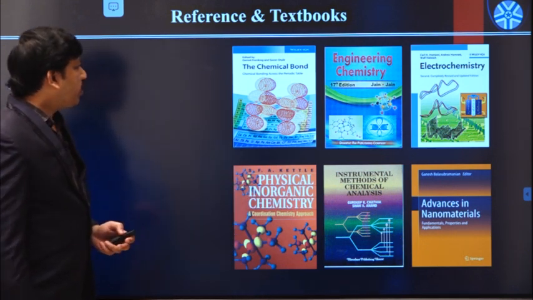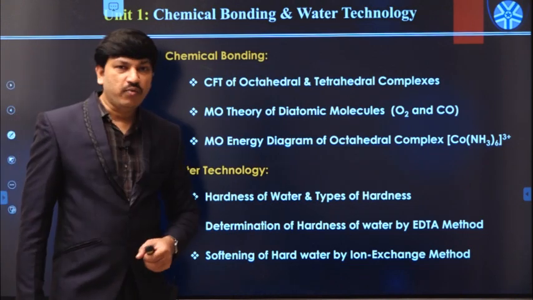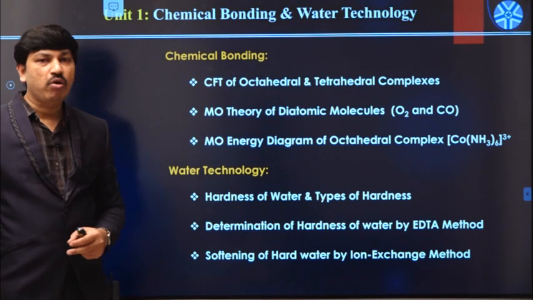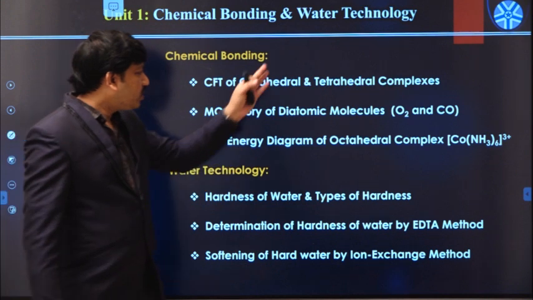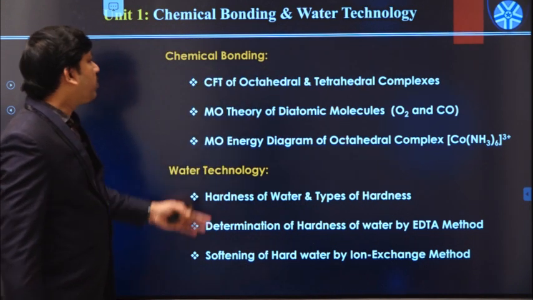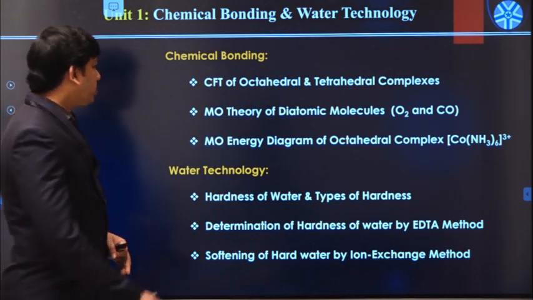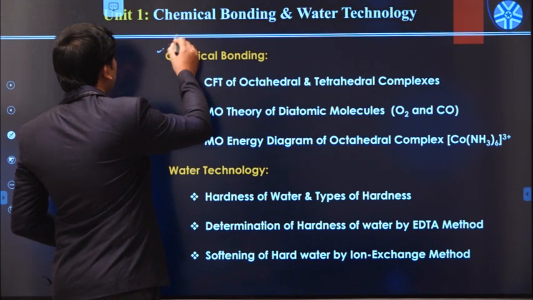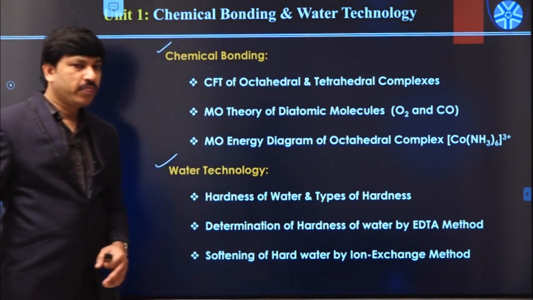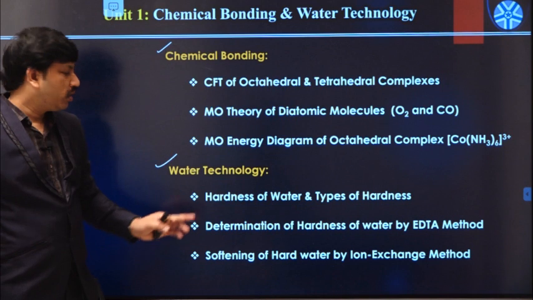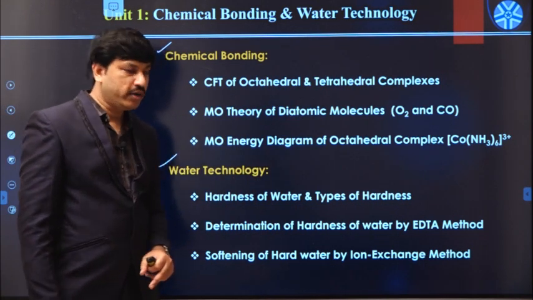Okay, so today I am going to start Unit 1, that is chemical bonding and water technology. Two concepts are there in the first unit: one is chemical bonding, and the second is water technology.